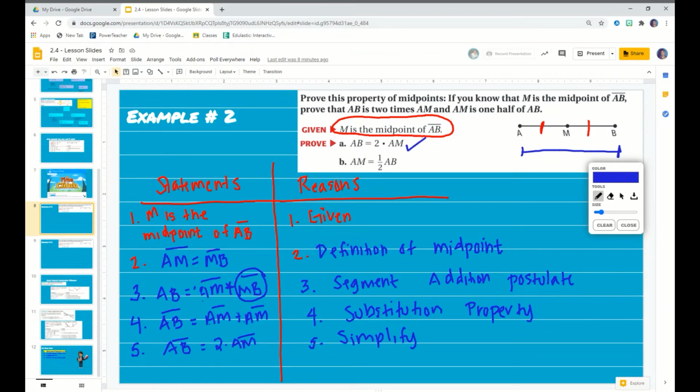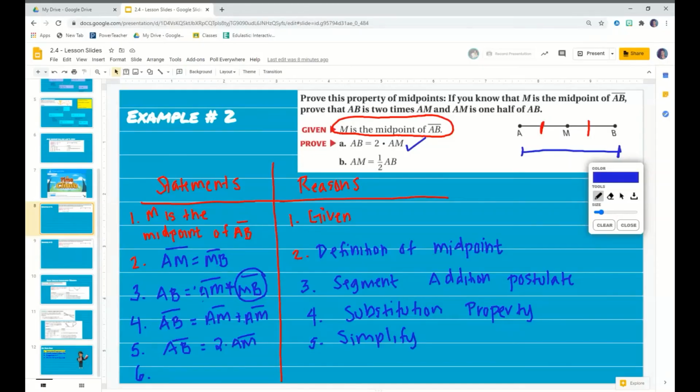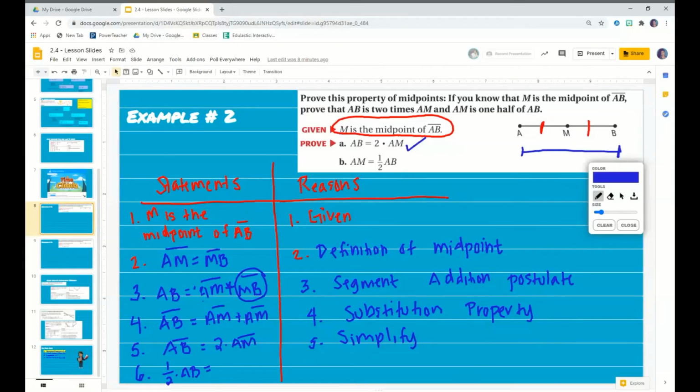If two angles are supplementary to the same angle, then they are congruent. So if 1 and 2 are supplementary and 3 and 2 are supplementary, then angle 1 is congruent to angle 3.